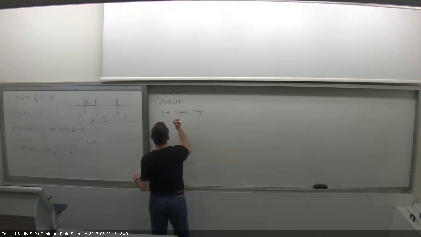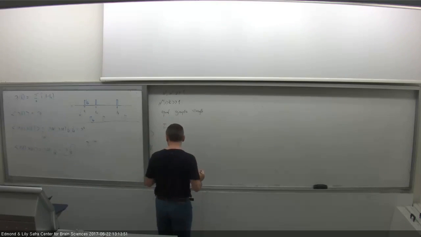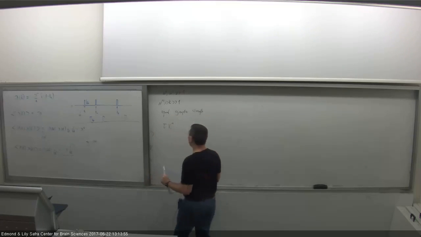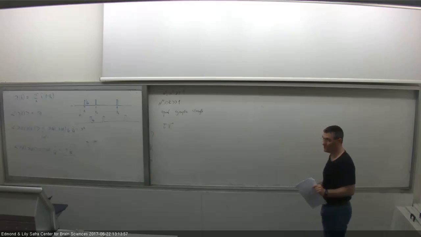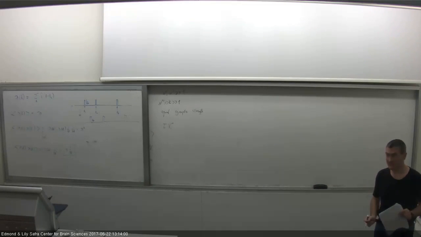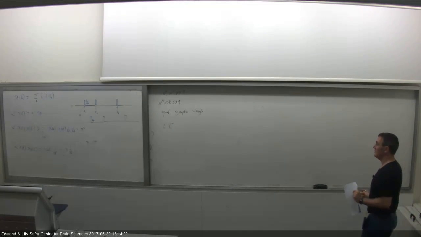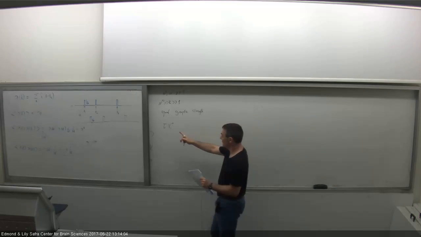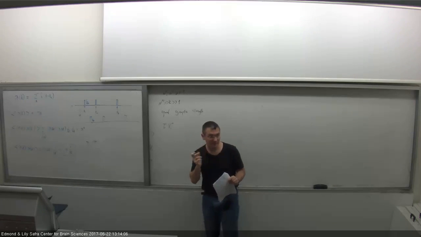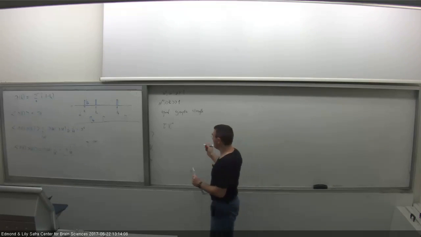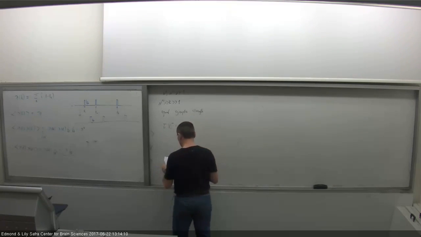So the dynamic equations are the following. We have tau v_i dot. This is the change in the membrane potential of the ith neuron of population alpha. There will be excitatory and inhibitory neurons.